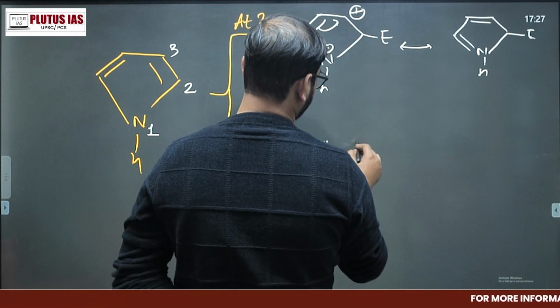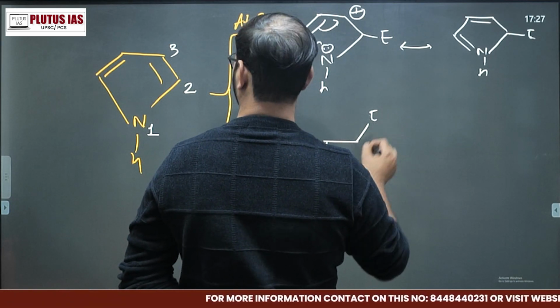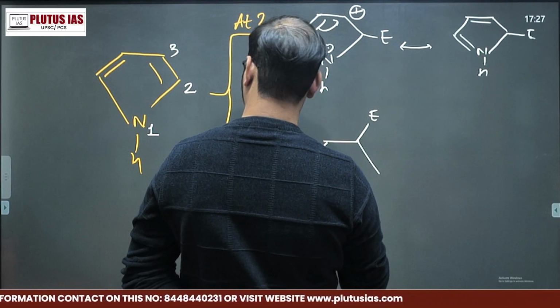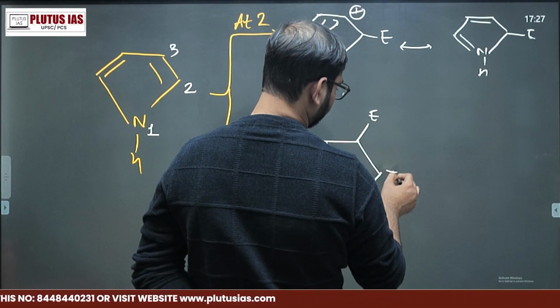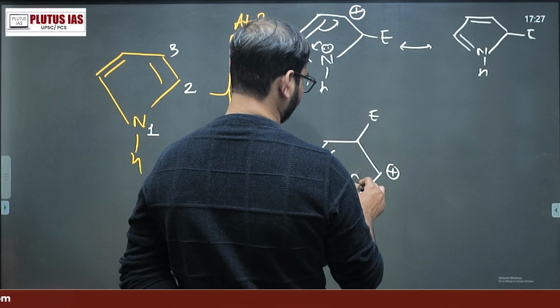Now at position 3, if I take this, there will be a positive charge, hydrogen here, and the lone pair will shift to stabilize it.